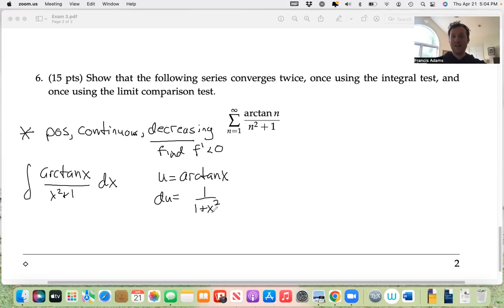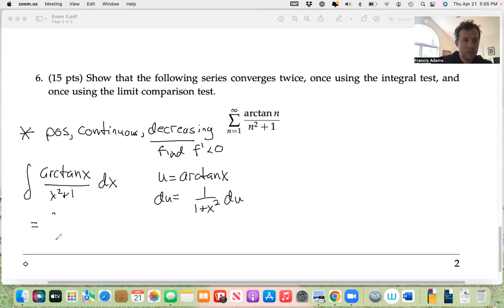So there's a reason why these pieces are in here, and since it's saying use the integral test, somehow the integral has to be doable. And the way that it works is that we actually have this u substitution that works.